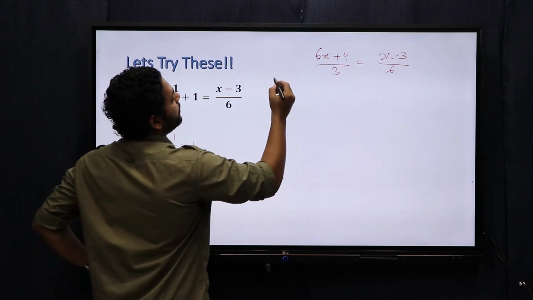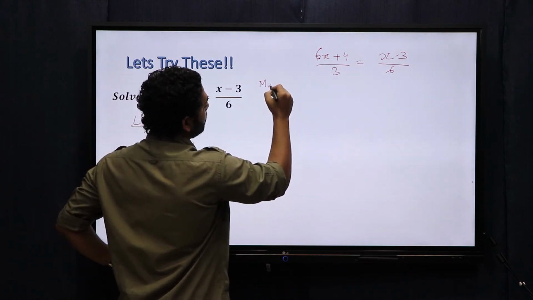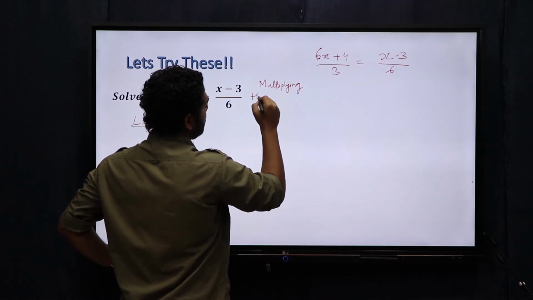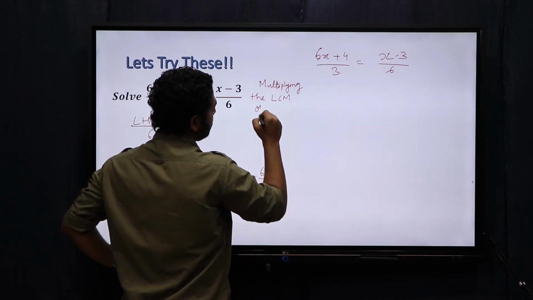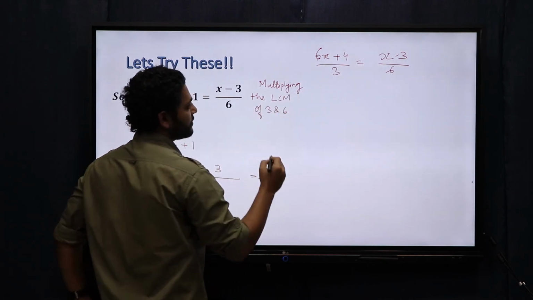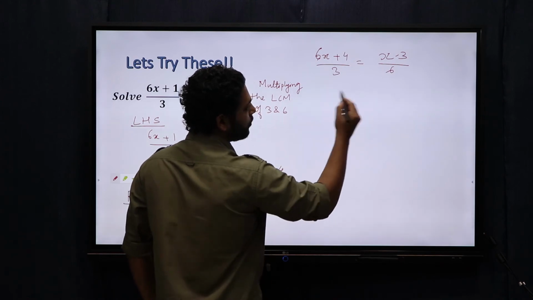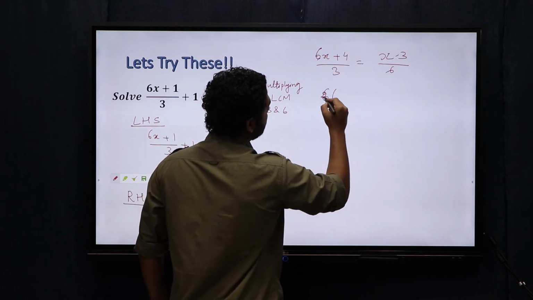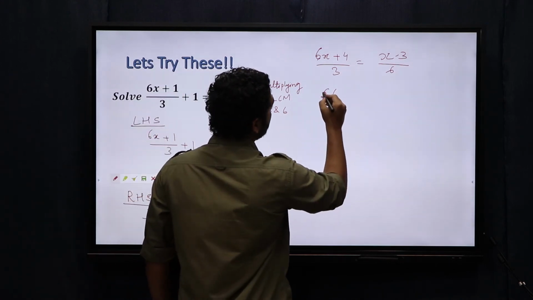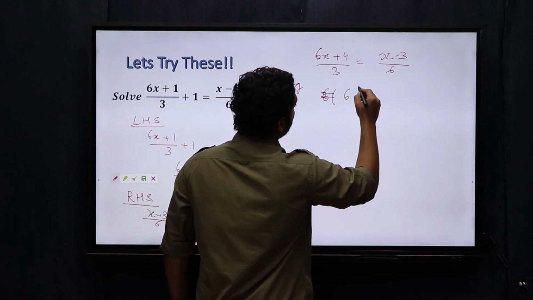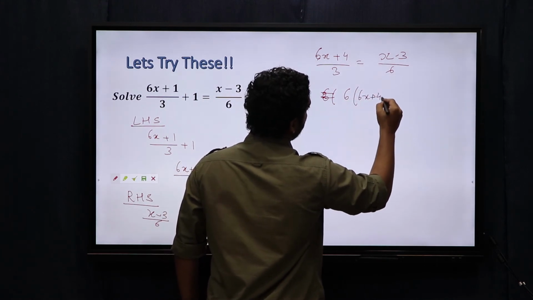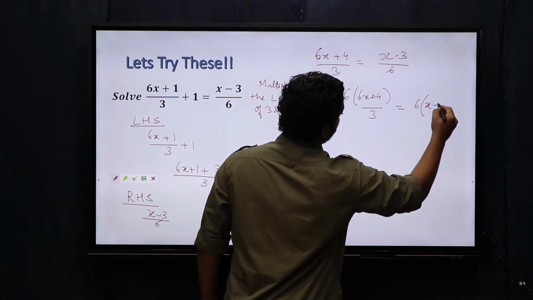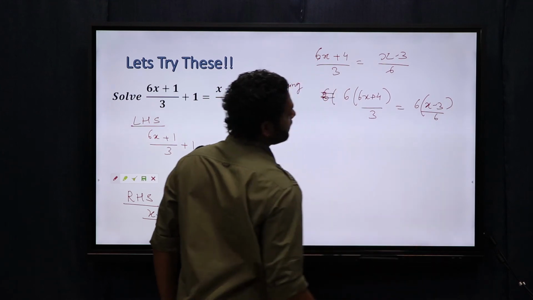So I'll do that. I'll write it here, multiplying the LCM of 3 and 6. So I multiply 6 on both the sides. I'll write it for you: 6 into 6x plus 4 by 3 equal to 6 into x minus 3 by 6, right?